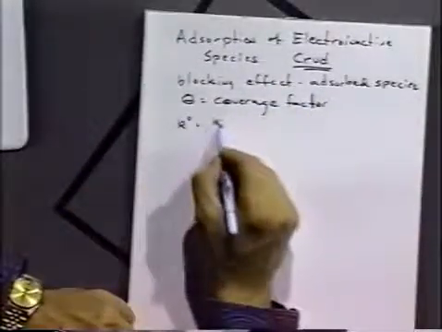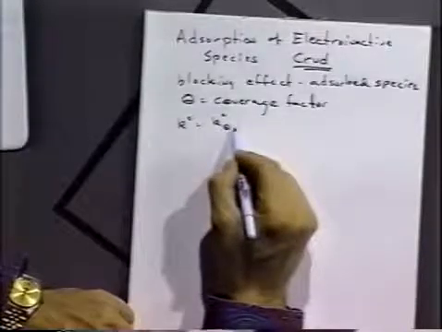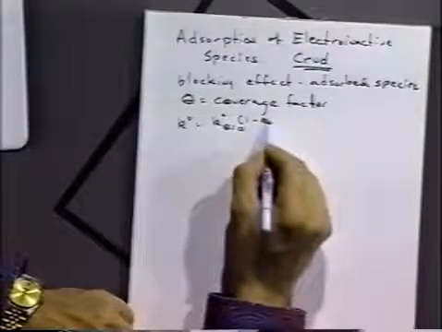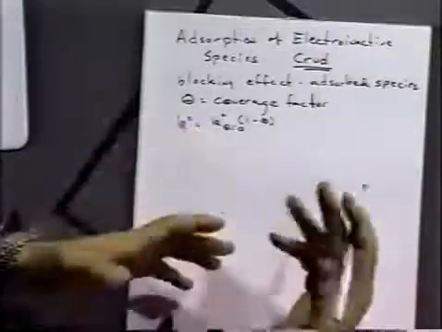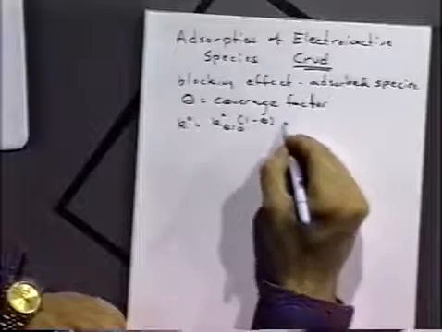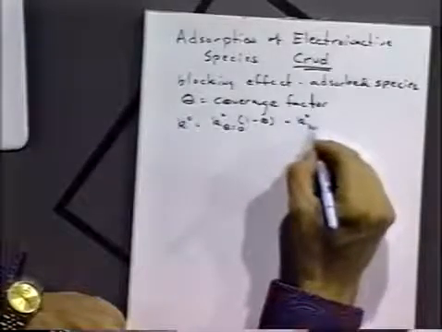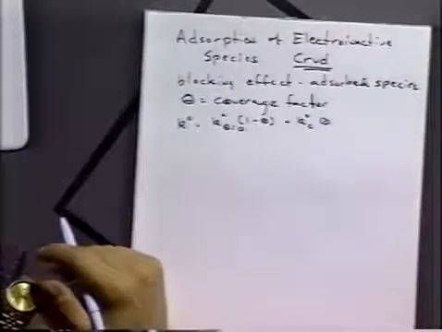So you could say K0 net is just going to be K0 for theta equal to 0, in other words, the K0 if nothing was adsorbed, and then taking away that fraction of the surface as a multiplier, plus the K0 of the covered species times the amount of covered surface.